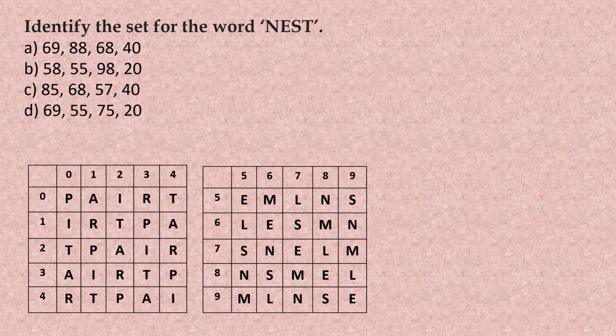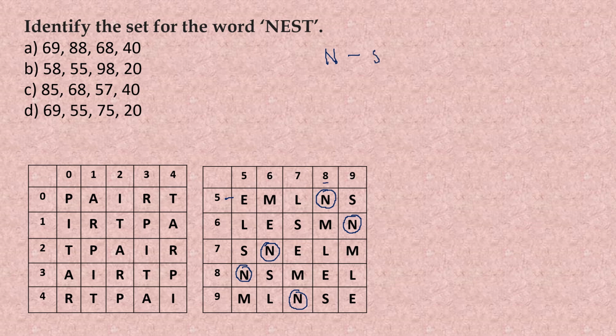In the first question, we have to find out the correct set of numbers for the word nest. So let us look at the letter N first. We find that in the second matrix, we have 5 N's, 1, 2, 3, 4 and 5. So we can just write down the numbers corresponding to the various positions of N. For the first N, it will be row number 5 and column number 8.